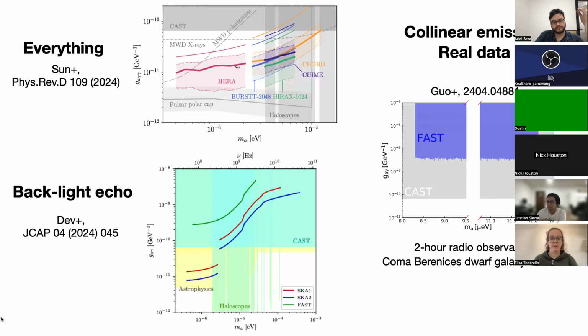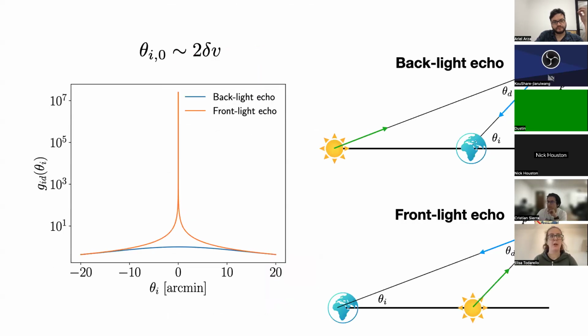Okay, so what did we do? We wanted to do a systematic study of the characteristics of this echo from a point source. So here I'm showing this plot. This is a plot of the echo intensity on the sky. So basically this is some dimensionless quantity proportional to the flux density.